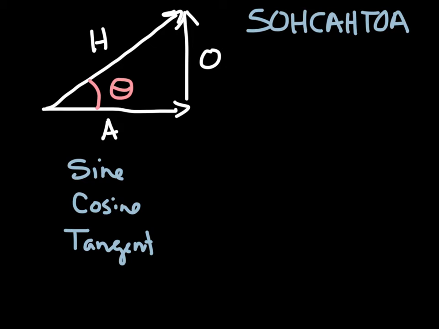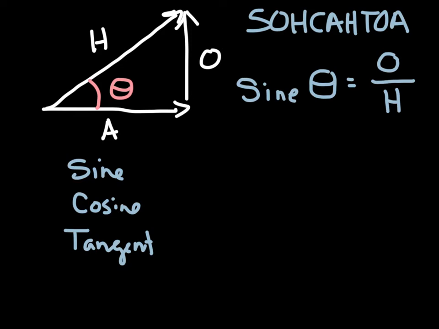If you use the sine function, it is referring to the fact that if you took the sine of angle theta, it is going to be equal to whatever the result of dividing the opposite side length by the hypotenuse side length.